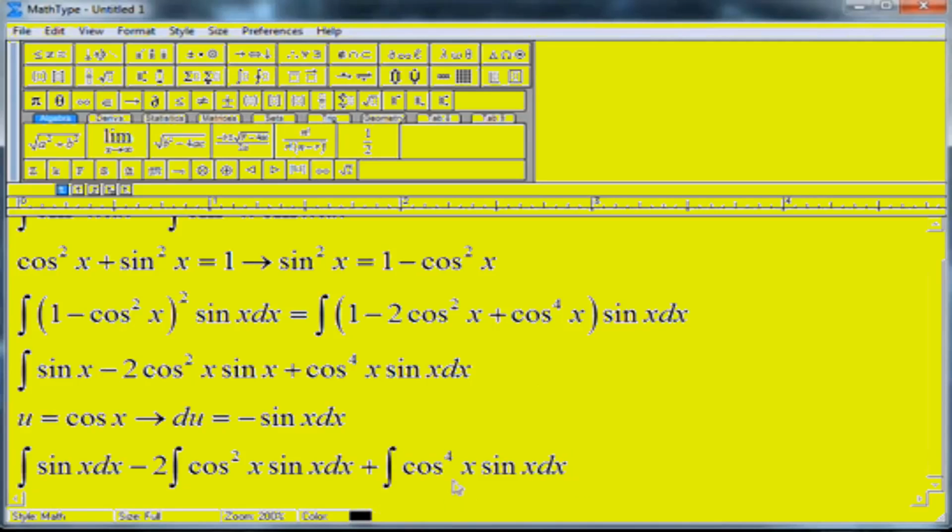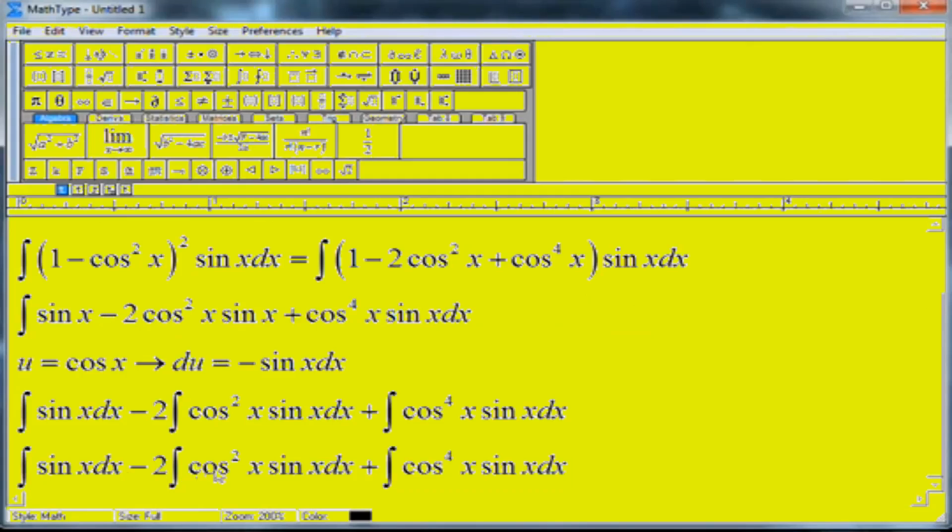Okay, so here are our integrals. Now we're going to make the substitutions. This is going to be u squared from this substitution right here, and this will be u to the fourth, and du, and now we just integrate.